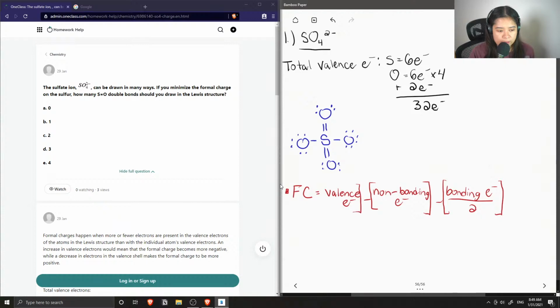Okay, so now that we know this equation, let's check out the formal charge of a single bonded oxygen.